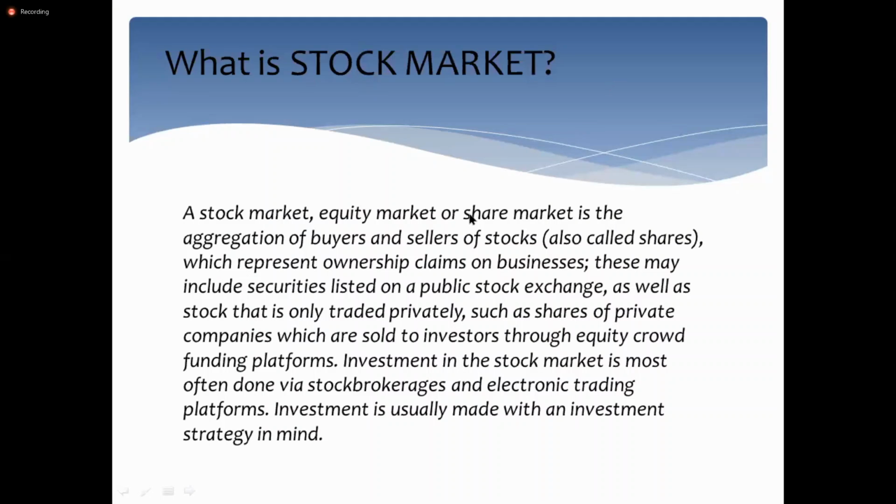I hope you know this game: two people stand on different sides and pull the rope. This is a tug of war between sellers and buyers. If sellers overpower the buyers, the market will fall, and if buyers overpower the sellers, the market will rise. That's the basic concept I will give you about the stock market.